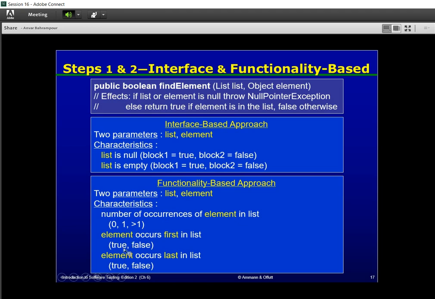There are some other characteristics that could be considered in tests of this method. Another characteristic could be this: the element we search in the list could occur in the first position of the list or not.